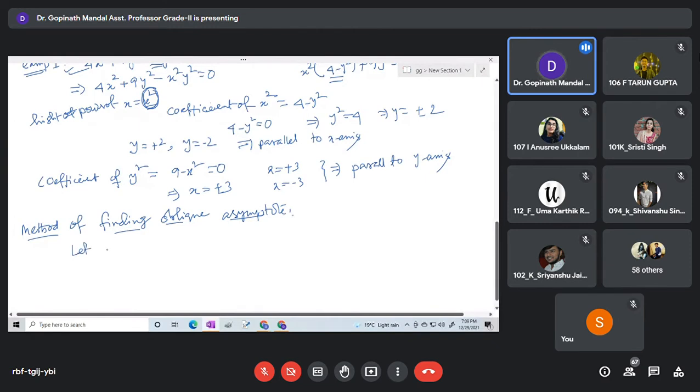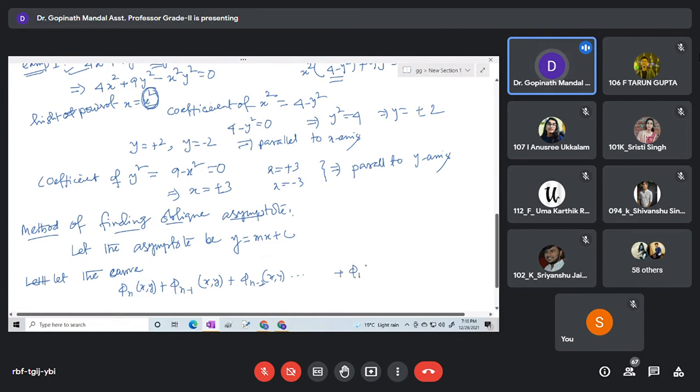First, let the asymptote of any given equation be y equal to mx plus c, and let the equation of the curve be of the form phi n xy plus phi n minus 1 xy plus phi n minus 2 xy, and so on.